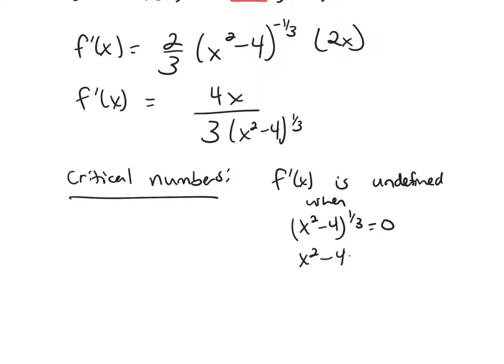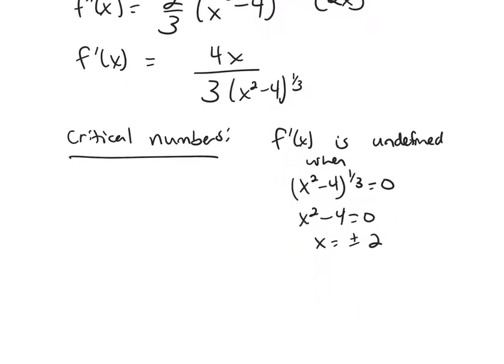X squared minus 4 equals 0, so I get x equals plus or minus 2. And then I also need to know where my derivative is 0. So I need to set the numerator equal to 0. I get x equals 0. So I get these 3 critical numbers.